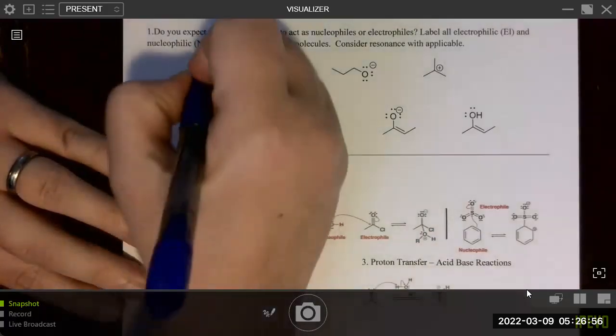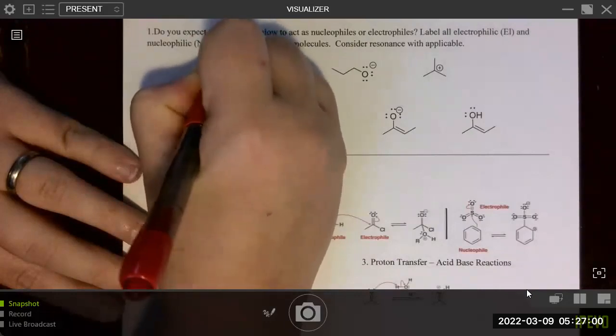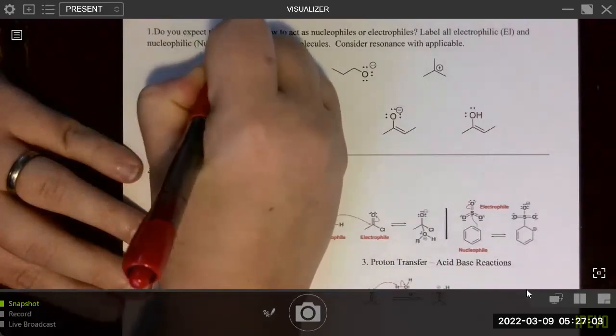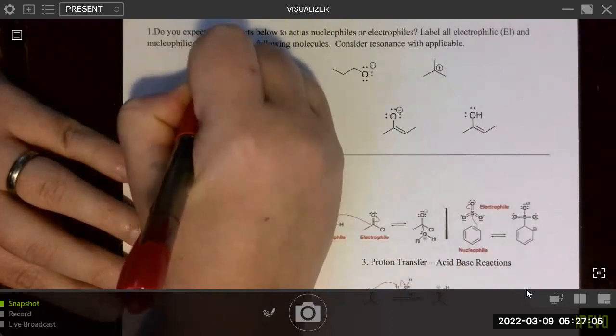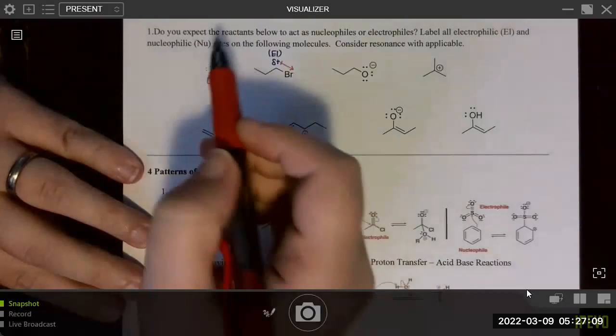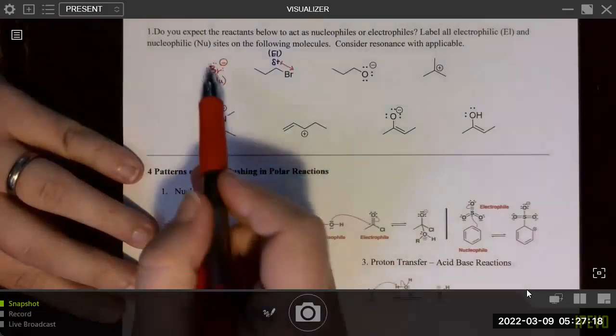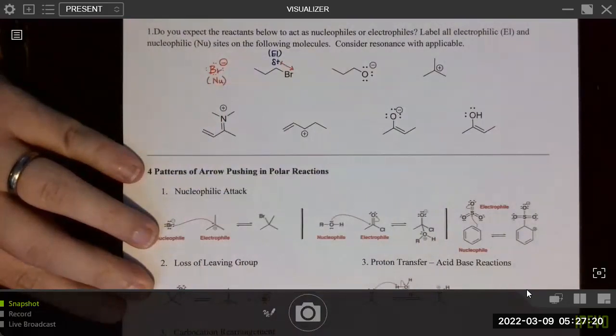If you compare and contrast that to, for example, bromide, right? So bromide would be nucleophilic. It has a full negative charge, so it's electron rich, and it's making a bond, and it can donate a pair of electrons to something that's positively charged to make that bond.